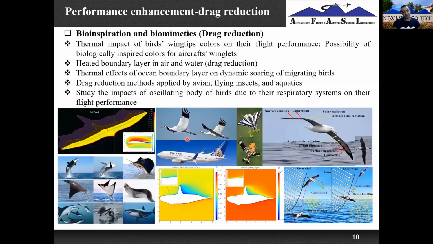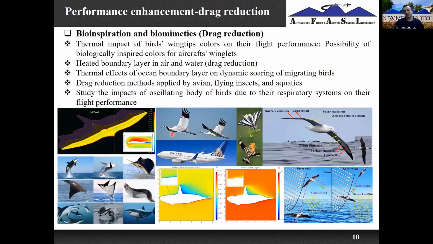If you look at these birds, we always see the tip part of the wings. This is called the wing tips. These are black color. Why, right? It's always white.